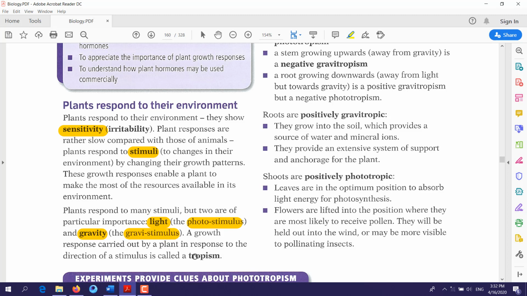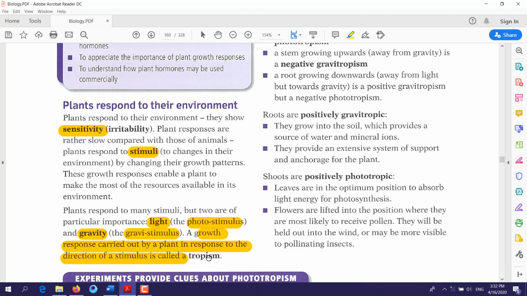So now our topic today is about tropism. What do we mean by tropism? Tropism is a growth response carried out by a plant in response to the direction of the stimulus.